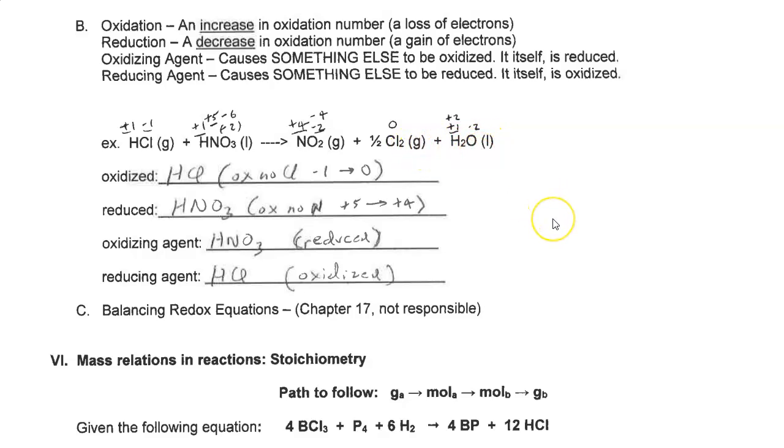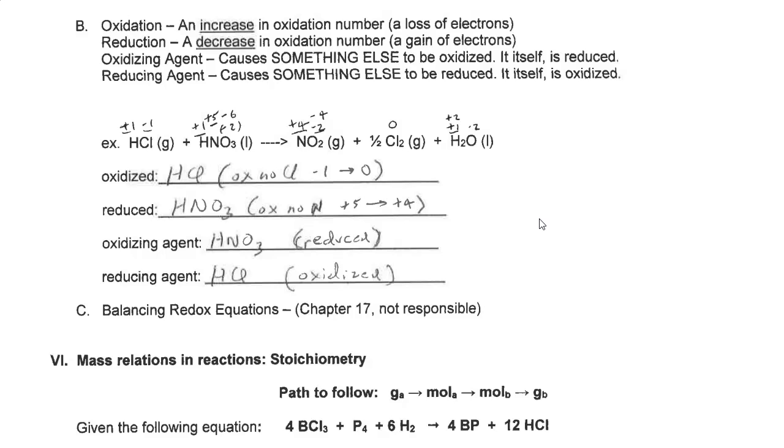Okay, so a couple of questions here. First question: is this a redox reaction? Because not every reaction is a redox reaction. So how would I tell? Essentially, we're going to assign oxidation numbers to everything in the equation. That's why you have to be able to assign oxidation numbers. If you see something changing from the left-hand side to the right-hand side, it's a redox reaction.